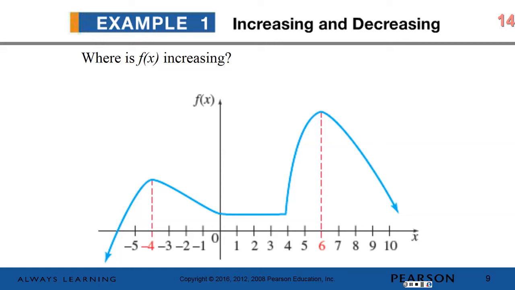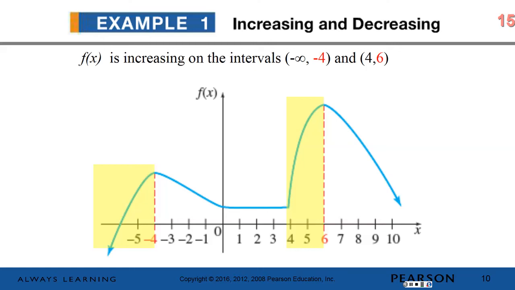Okay, exactly. Negative infinity to negative 4, because as you come from negative infinity on the x and you keep climbing, when you get to negative 4, you've hit a peak. Where else is it increasing? From 4 to 6. Okay? So those are the intervals on which it is increasing.